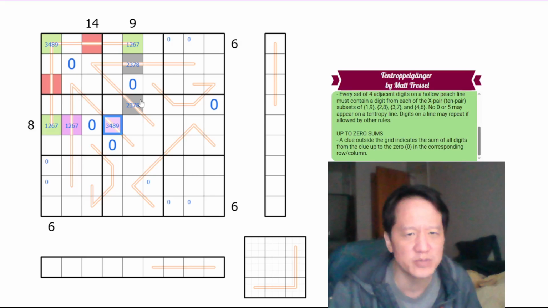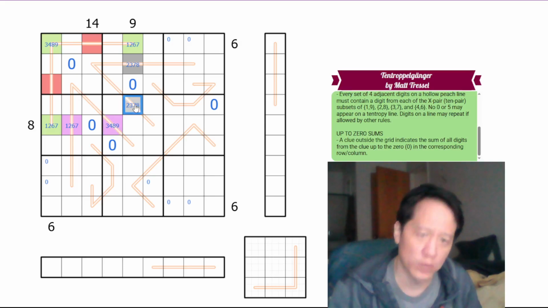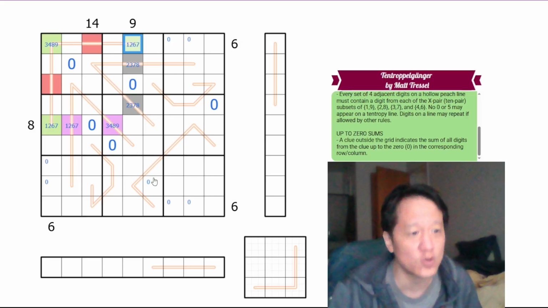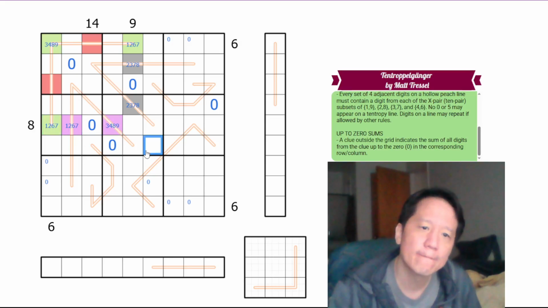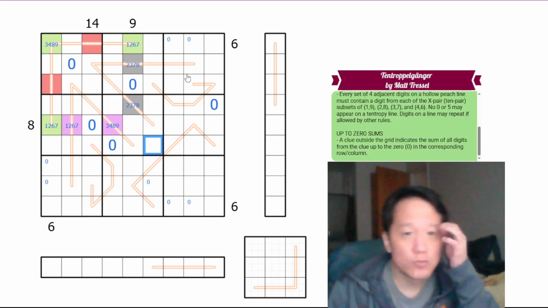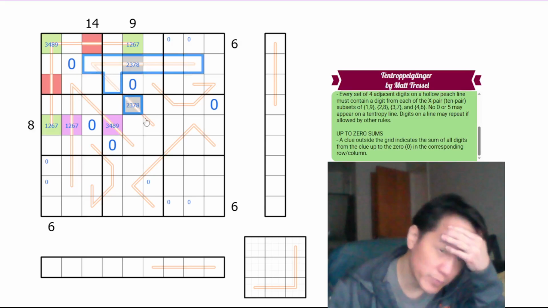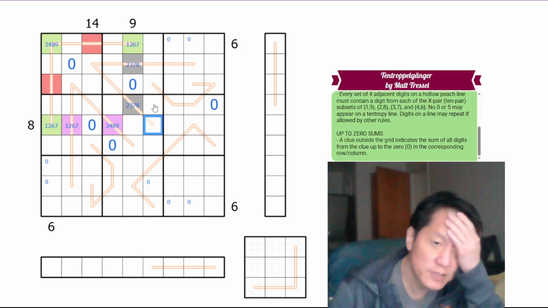So pink has to be a different set than gray, which is a different set than green. So these are all the unique sets here. Interesting. So where is green on this Tentroppy line is kind of the question, right?